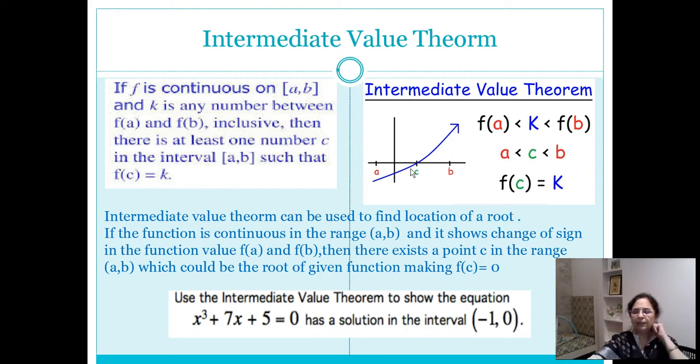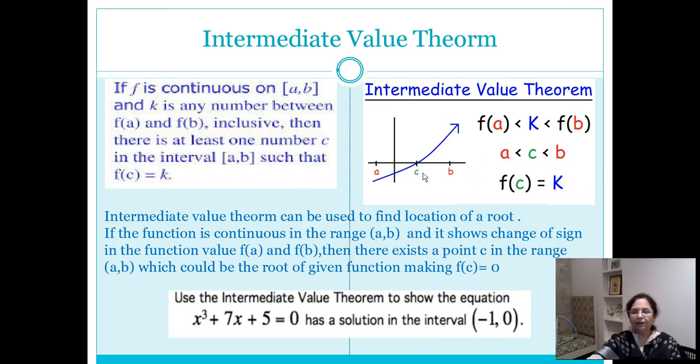Okay, so you can see here graphically it is represented that there is a range a and b in which the function is assumed to be continuous first of all. Then we evaluate the function at these points as f of a and f of b, and we say that there lies a point k between f of a and f of b such that there would be some point c in the interval a and b where the function f of c would be equal to k.